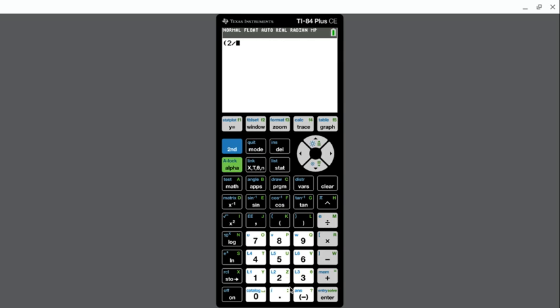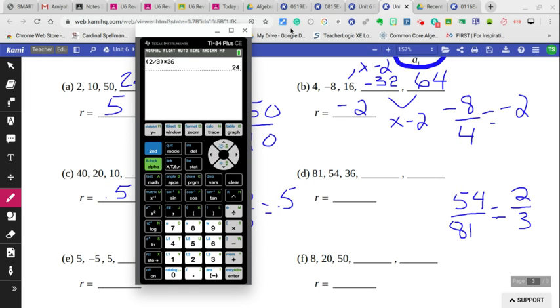And I know some of you know how to put a fraction in, right? But a fraction is just division, times 36. And I get 24 is the next term. I should have done that, right? This is 24.